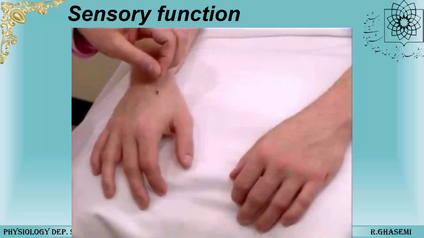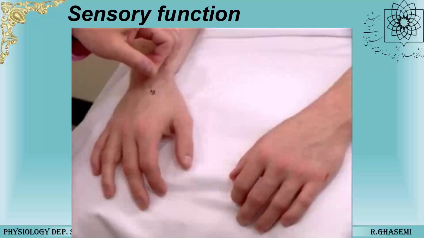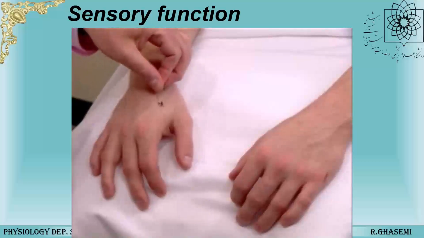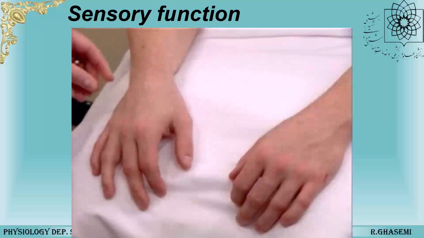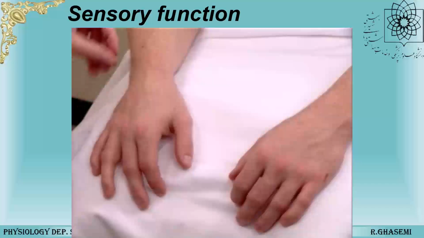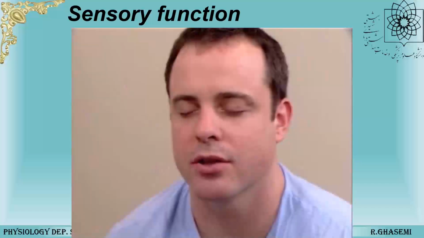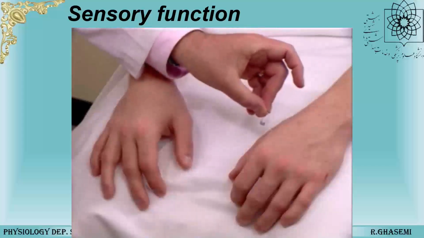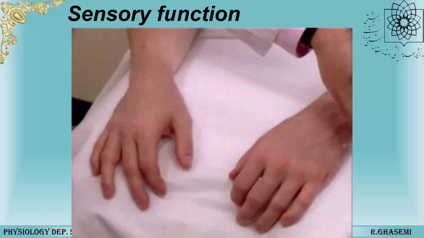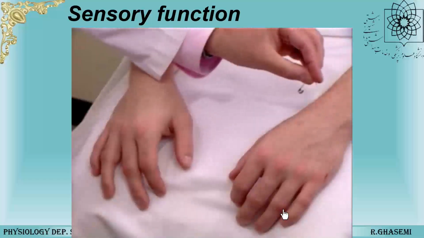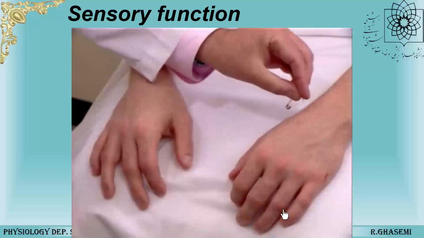This is dull, and this is sharp. Okay? What's this? Dull. What's this? Sharp. What's this? Sharp. Dull. Keep your eyes closed. What's this? Sharp. Dull. And what's that? Dull. And what's this? Sharp.